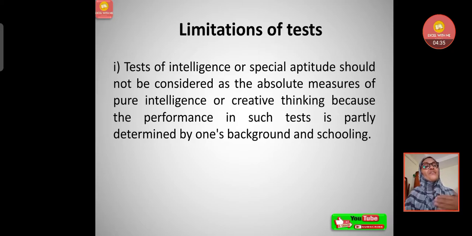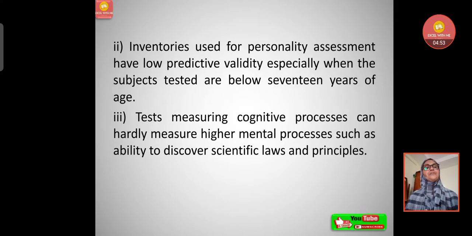Now, tests of intelligence or special aptitude should not be considered as the absolute measures of pure intelligence or creative thinking, because the performance in such tests is partly determined by one's background and schooling, obviously.